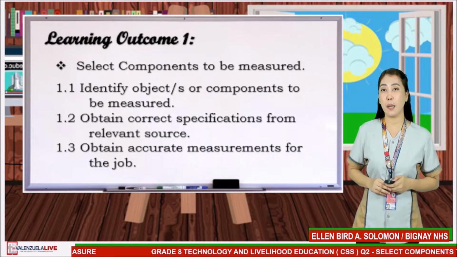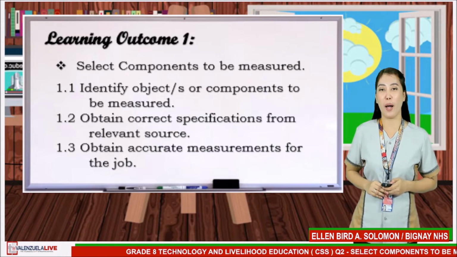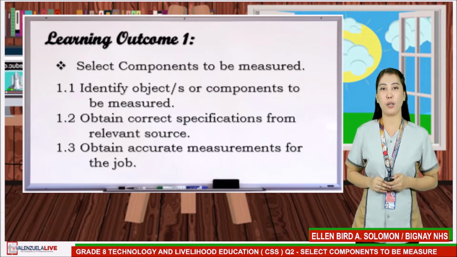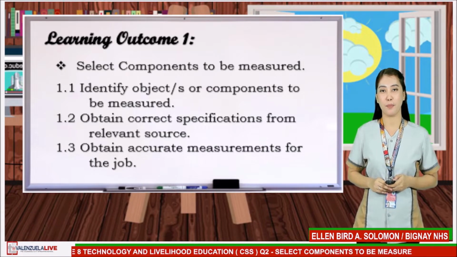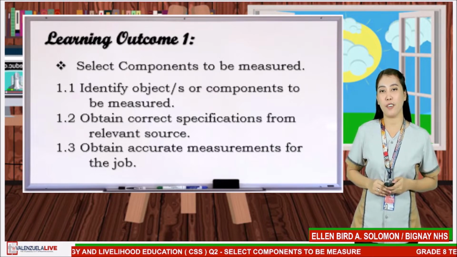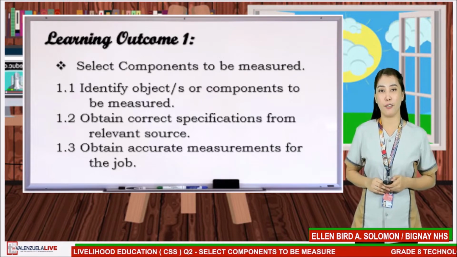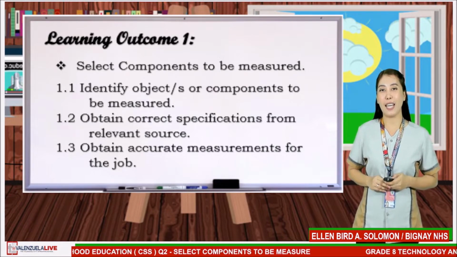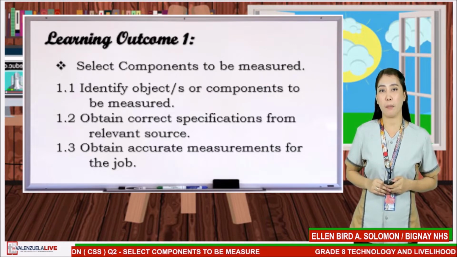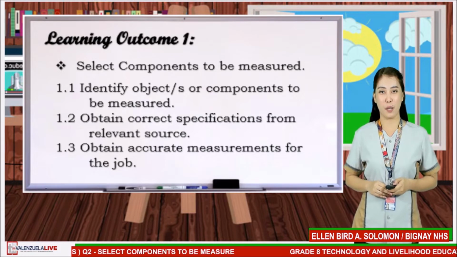Its sub-skills are LO 1.1, identify objects or components to be measured. LO 1.2, obtain correct specifications from relevant source. And LO 1.3, obtain accurate measurements for the job.